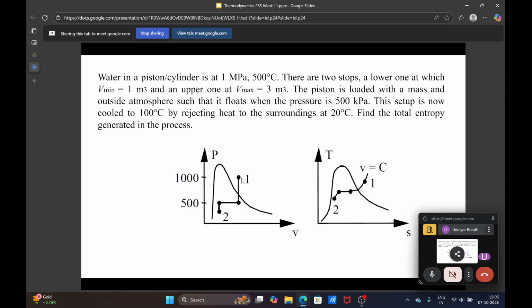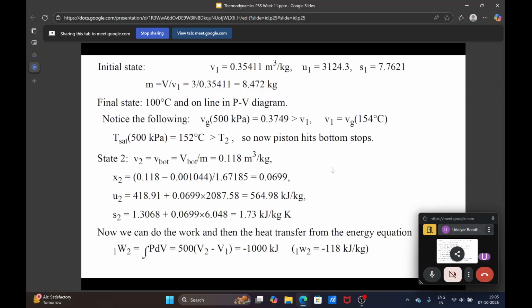Initially you are at 1 megapascal, 1000 kilopascal, and a temperature of 500 degrees Celsius. Cooling is first at constant volume, then constant pressure, and then constant volume. A similar path is shown in a TS diagram, where a constant pressure process is equivalent to a constant temperature for a pure fluid.